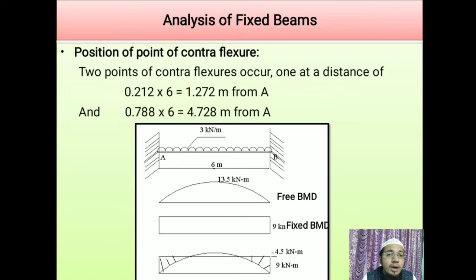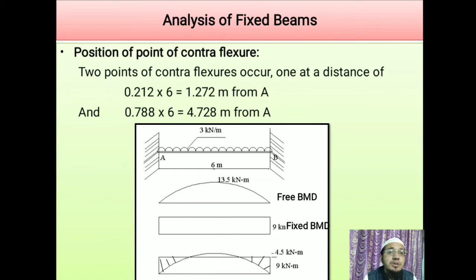Again you can observe that after merging these two bending moment diagrams, in the final bending moment diagram there will be 2 points where the moment is changing its sign and nature. We know that such points are termed as points of contraflexure, and at those points moment will be 0. So how to find the position of these points? We consider a section at that point at a distance of x. We have to find that x distance.